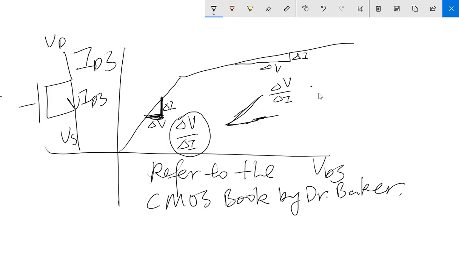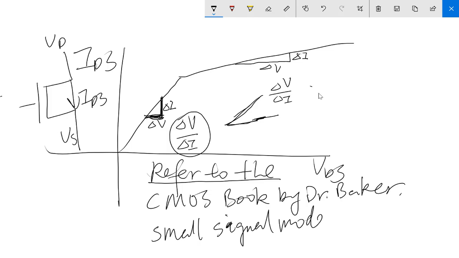In that book, you will find all these calculations for the small signal models of the op-amp or the amplifiers, and try to understand why you are doing the small signal in that way.